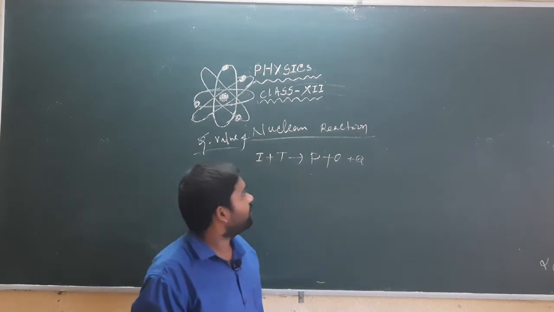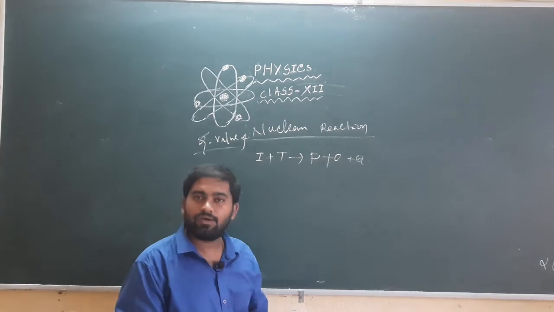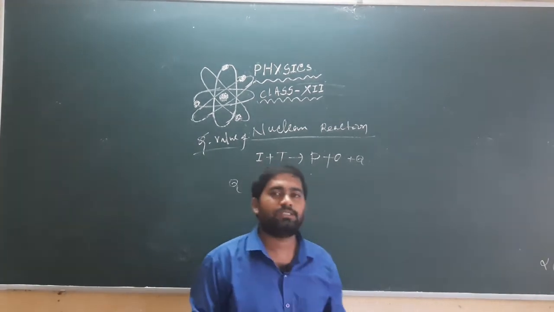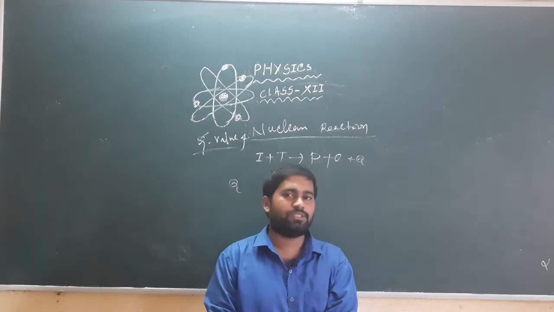So the Q value of any nuclear reaction is the difference between the energy of the incident side and the energy of the product side.